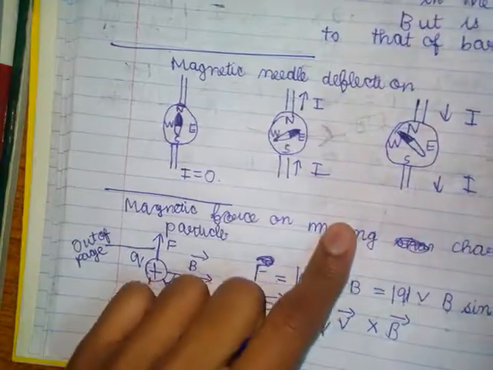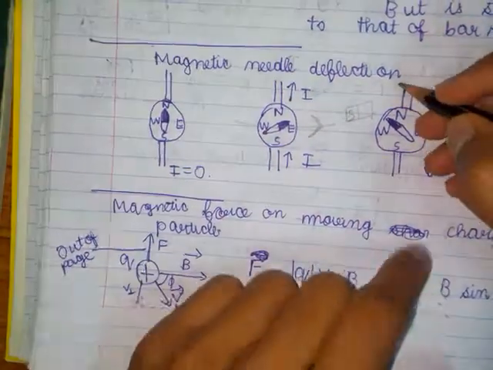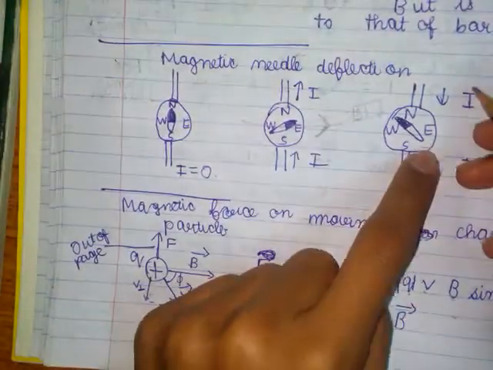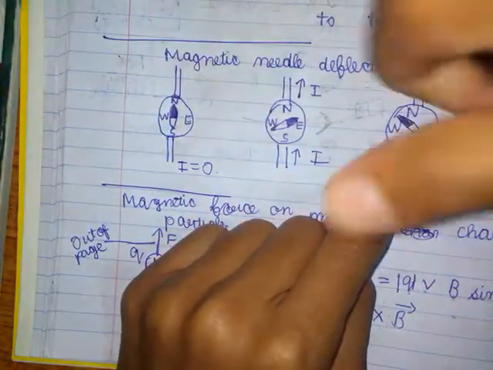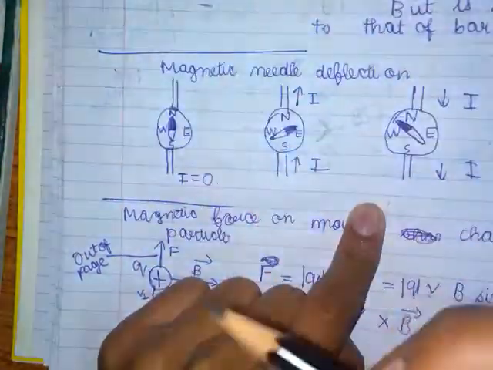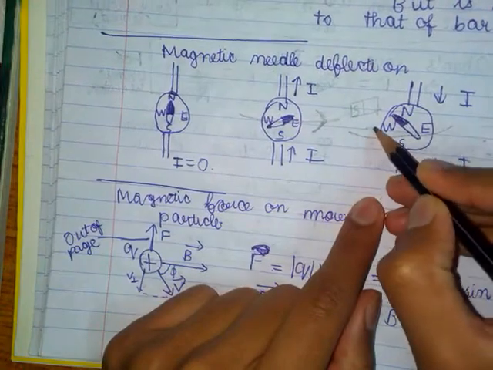When the current flows in the opposite direction like this here, then the field pattern would be like this, going like this. So when the compass is placed over the conductor, the field would be like that in this direction.